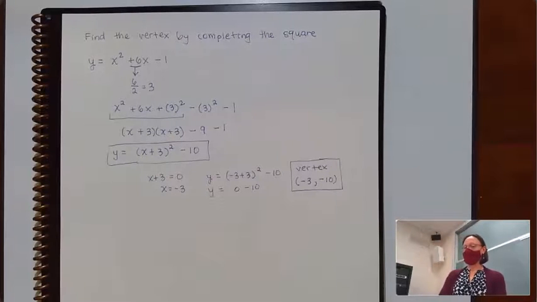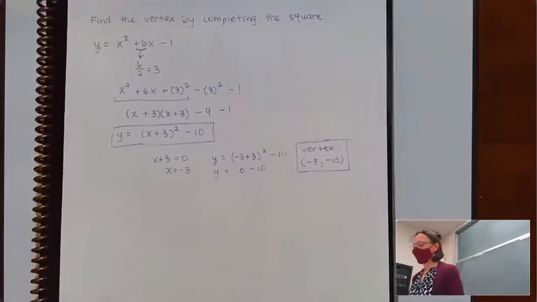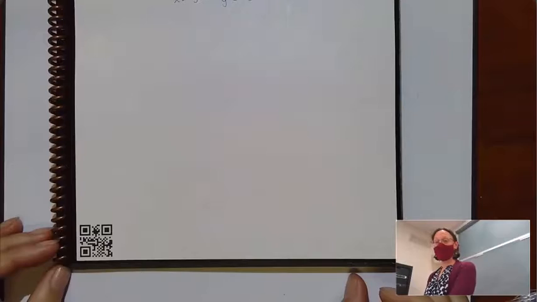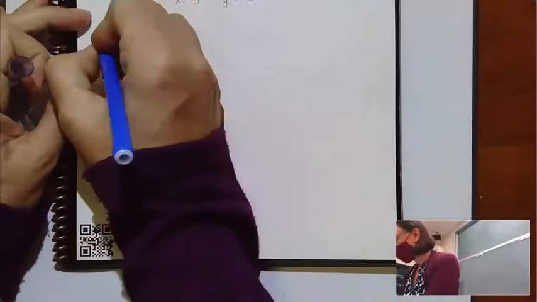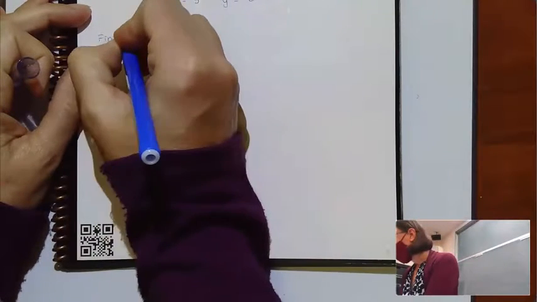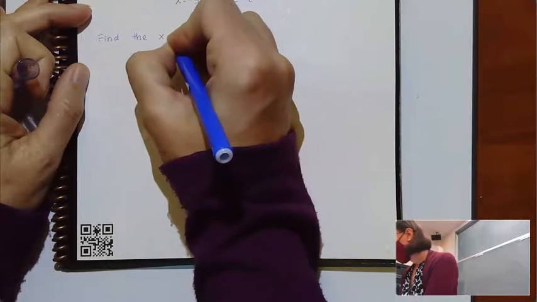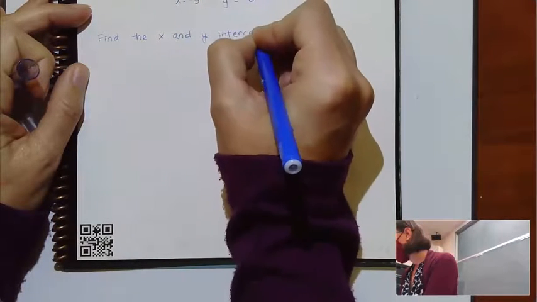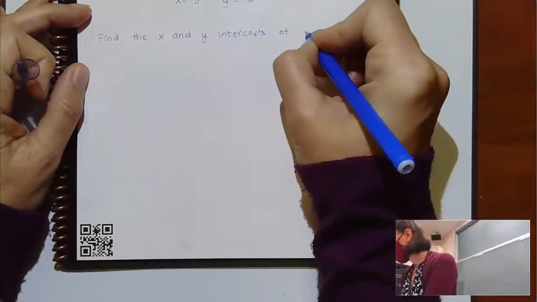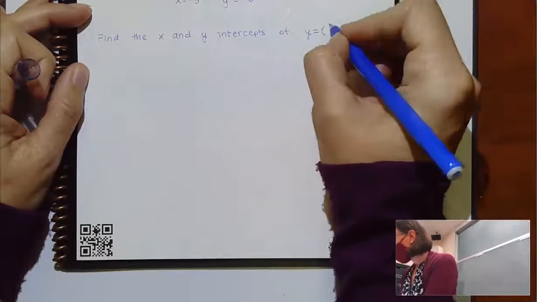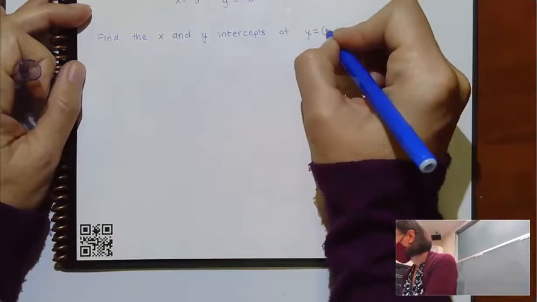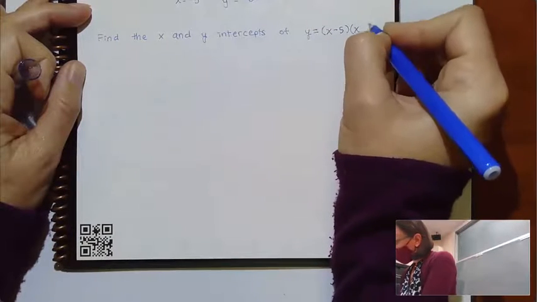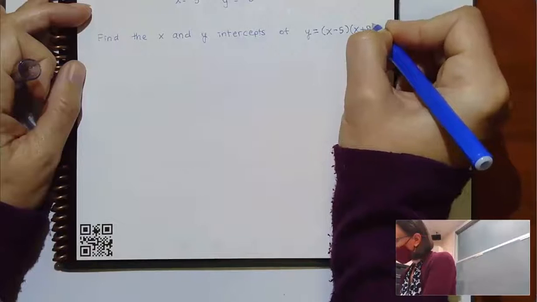Let's do one more quick example. It'll be quick because I'm already going to give it to us in factored form, I think. But let's find the X and Y intercepts of y equals (x + 8)(x - 5), that is, -5 x plus 8.